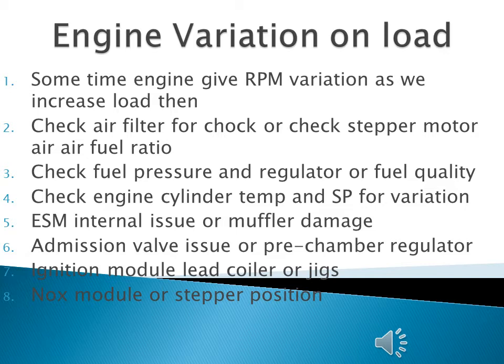If your mixture is rich, then it will also cause the RPM variation, and you will have the threat of backfire. In a Waukesha engine, we keep excess oxygen at 4%, 5%, 4 to 8%. There will be excess oxygen, which is good enough for complete combustion.